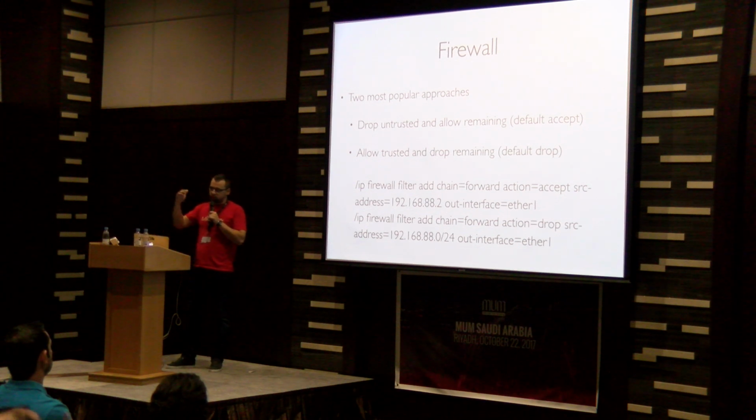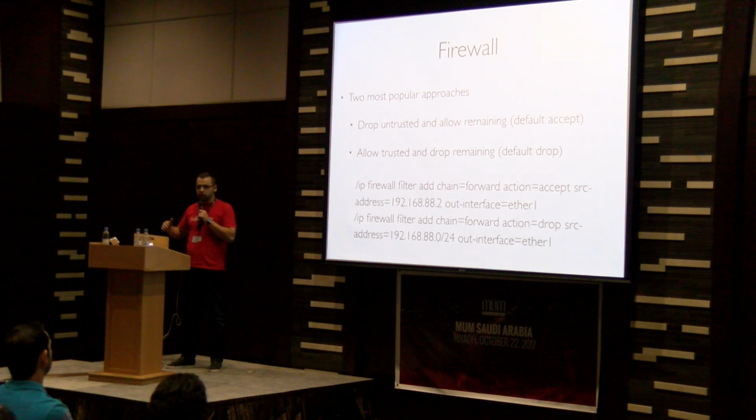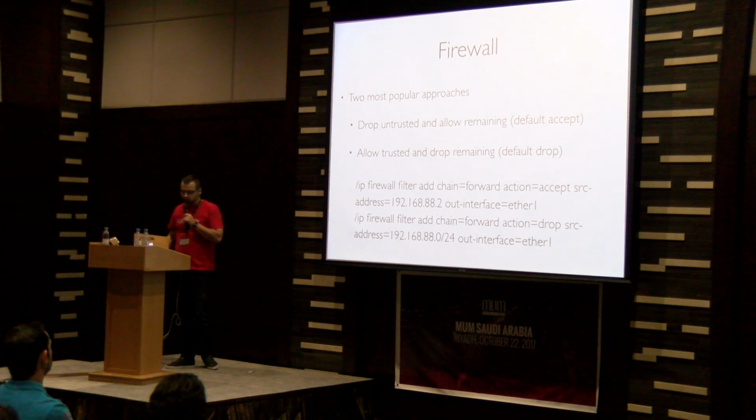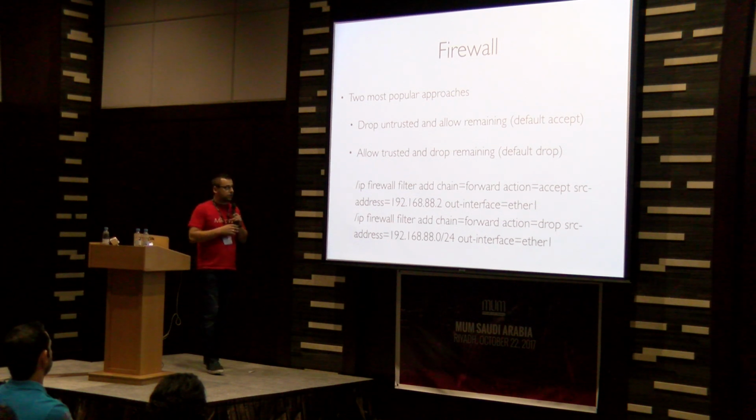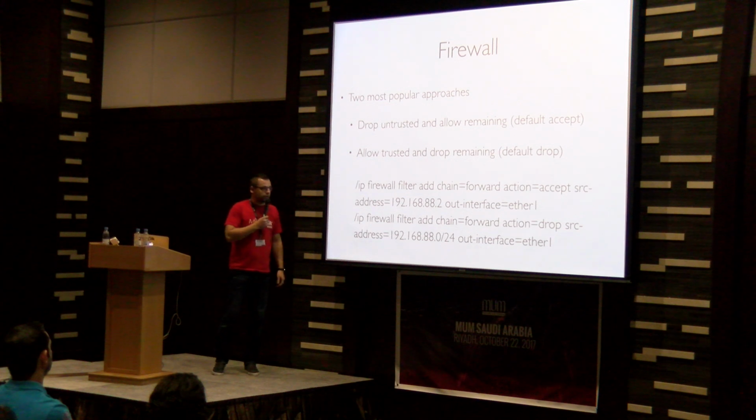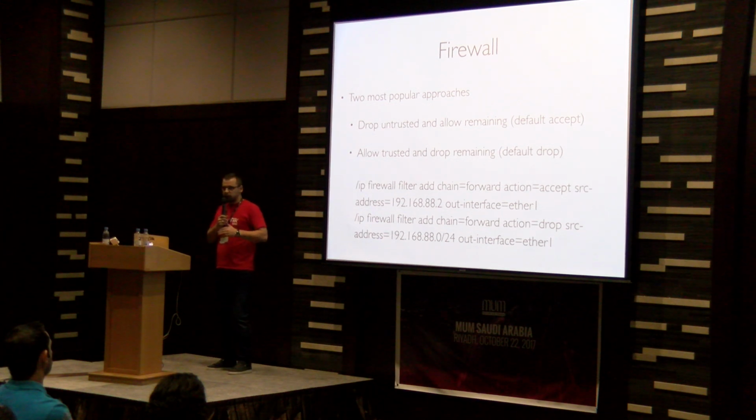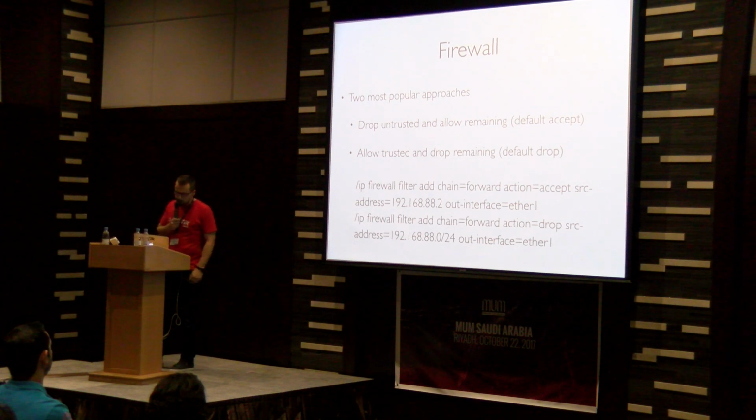Either you accept what you want to allow and drop everything else, or otherwise, drop what you don't want to allow and accept everything else. In most cases, the first type is used. We accept connections which we want to accept and drop everything else.